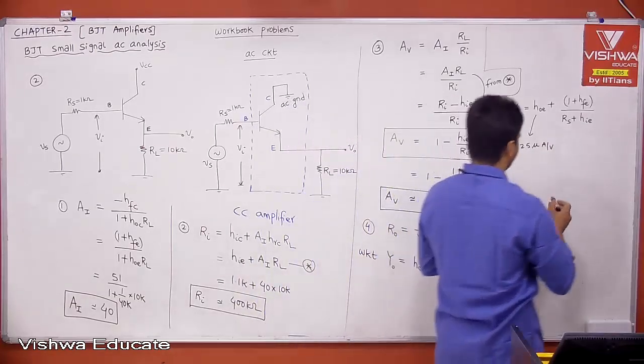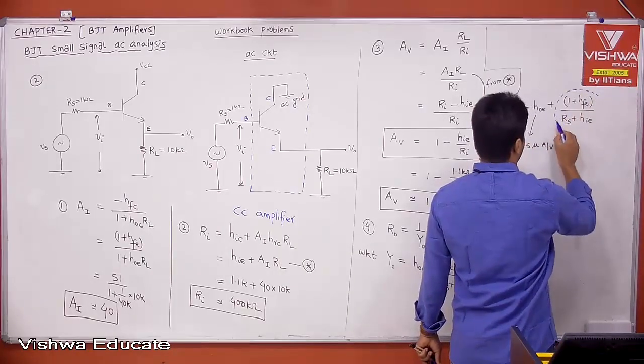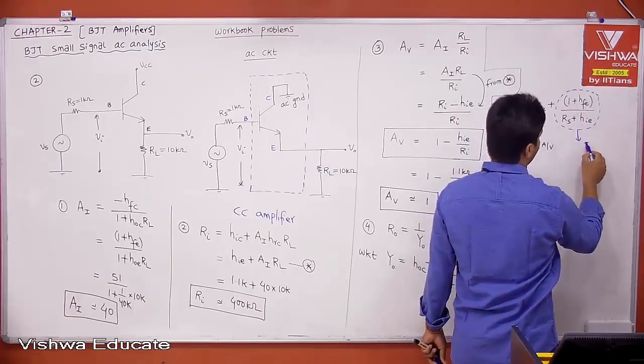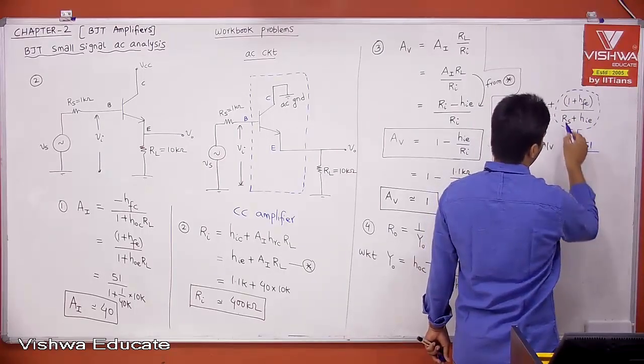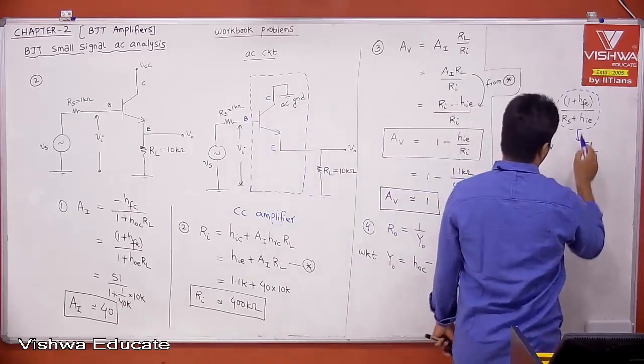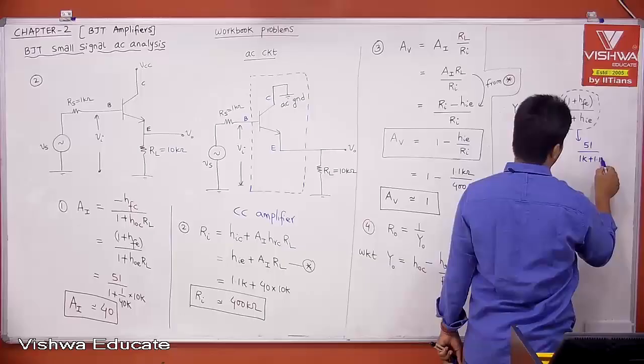Similarly, let's calculate what this other value is. This value is nothing but (1 plus hfe) divided by (RS plus hie). What is RS in the problem statement? 1 kilo ohm. And this is 1 kilo ohm plus what is hie? 1.1 kilo ohm.